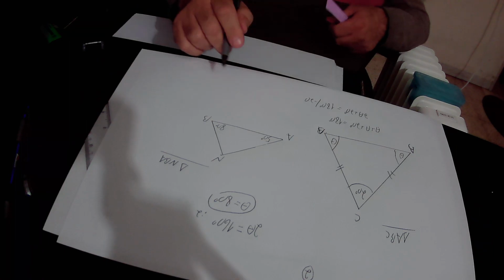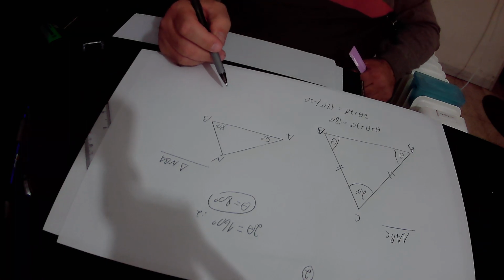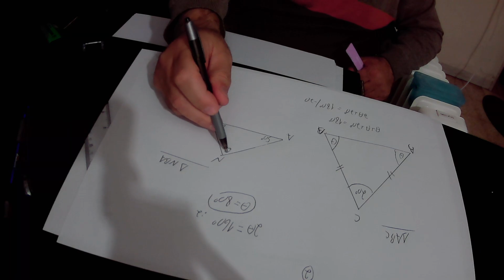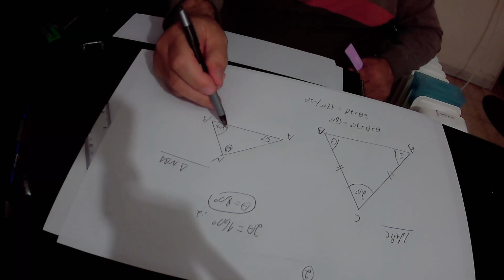Actually, this is triangle NBA copied from the original drawing. We define the missing angle as theta, and the sum of the angles in this triangle must be equal to 180 degrees.